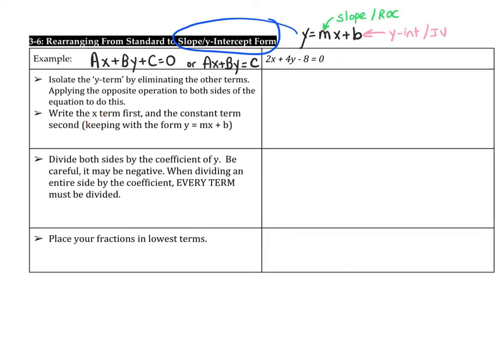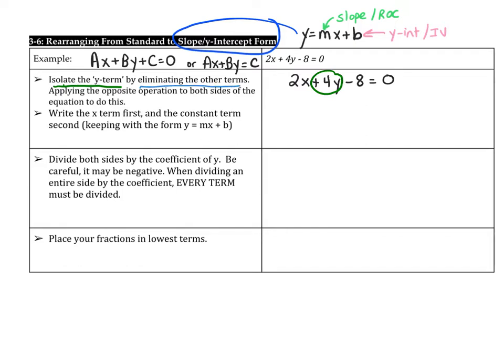So here's our equation. 2x plus 4y minus 8 equals 0. What we want to do is to isolate the y term. And you have to eliminate the x term and the constant from the other side.